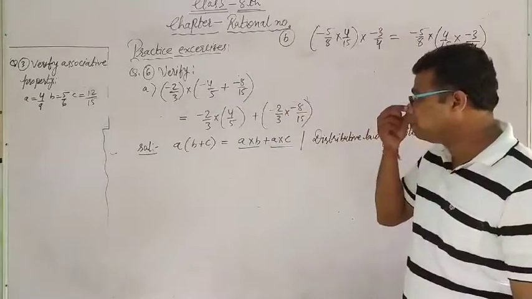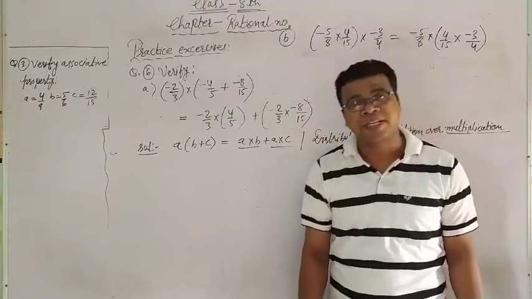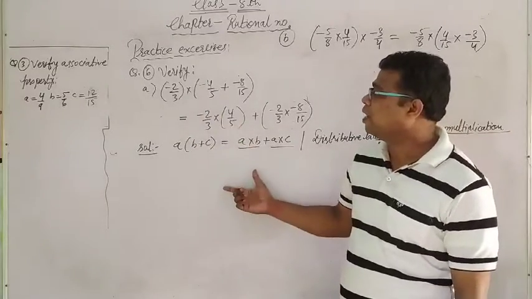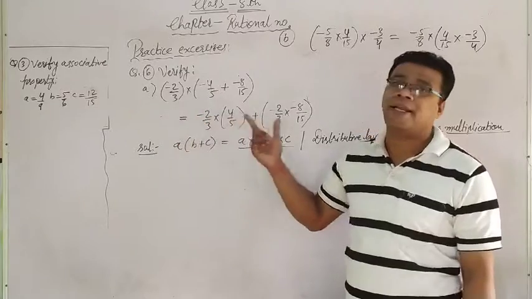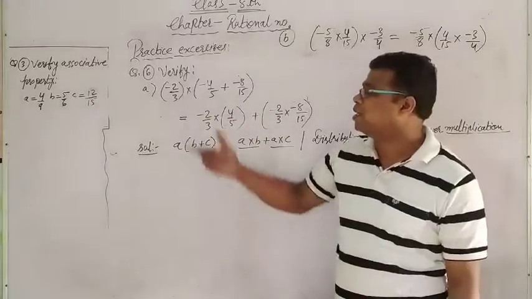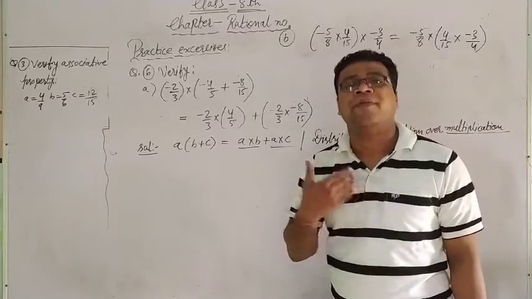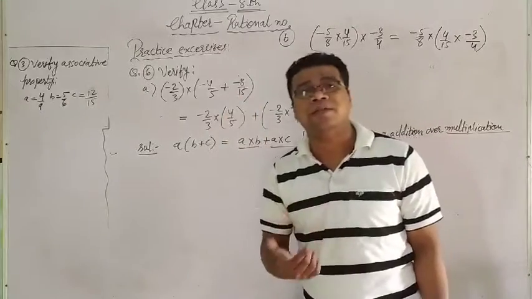Right now, see. This is question number 6. What is written? Verify. Verify means we have to verify that the left hand side is equal to the right hand side. We have to solve and verify that both answers are the same. Look at the question.